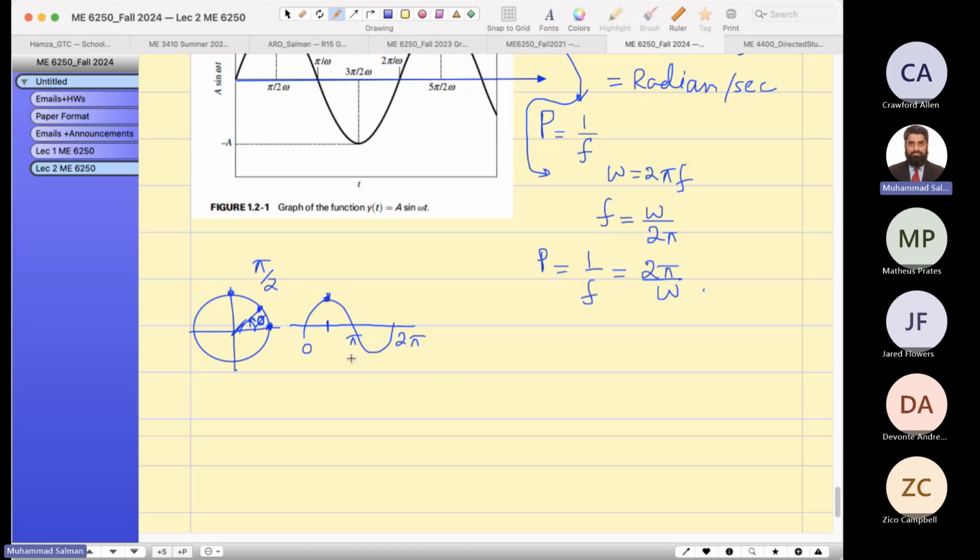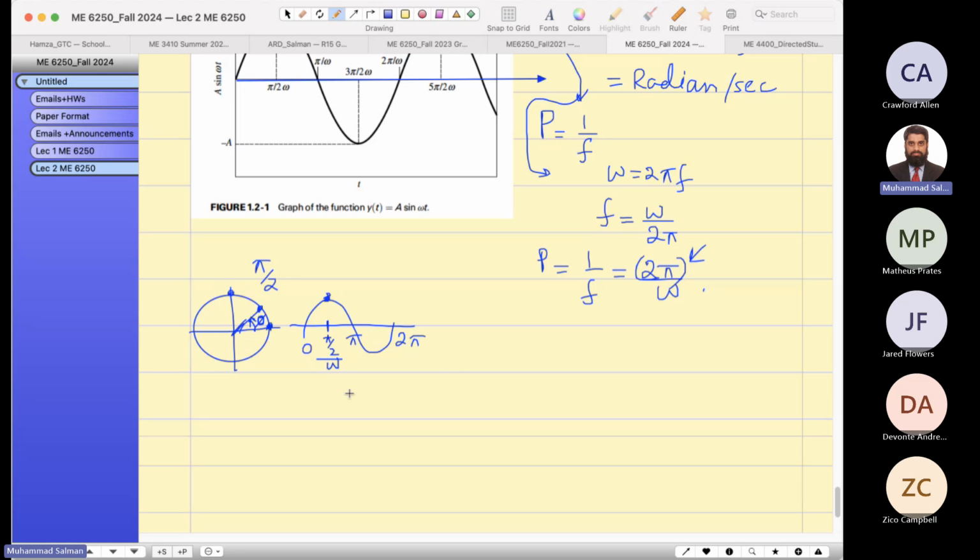The mass or vibrating object is at pi by 2. You see, why am I dividing by omega? Because 2 pi is the time period of a complete wave, but right now it is pi by 2 divided by omega.